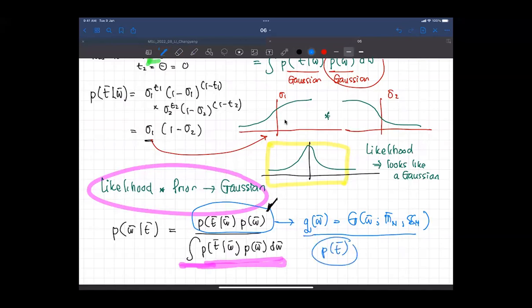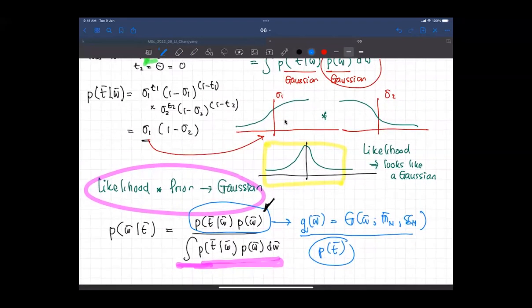So what is the value of P of T? Anyone know? It's not a Gaussian function. It has to be a scalar value. What will be the scalar value that we have here? Exactly, 1. Why is it 1?